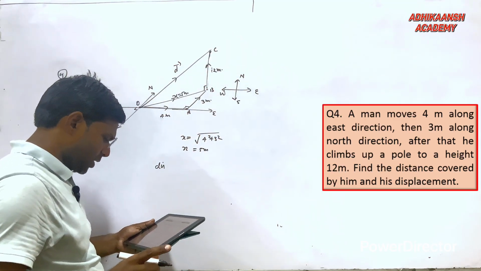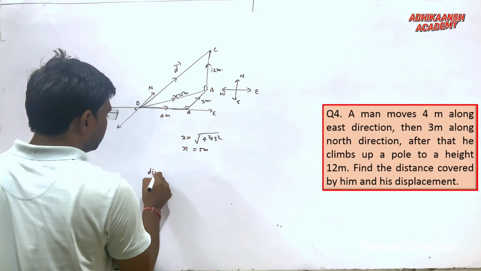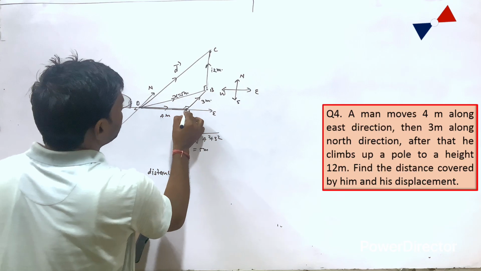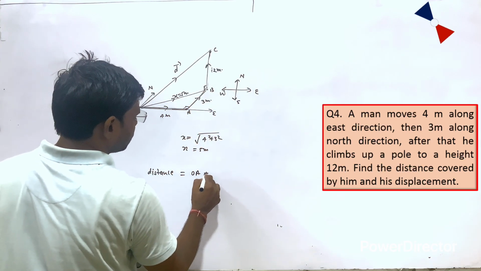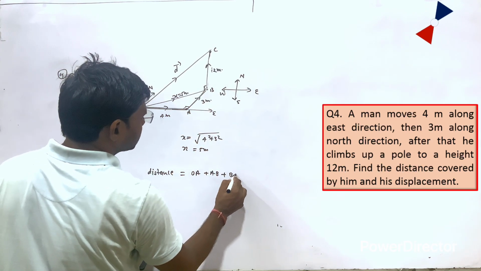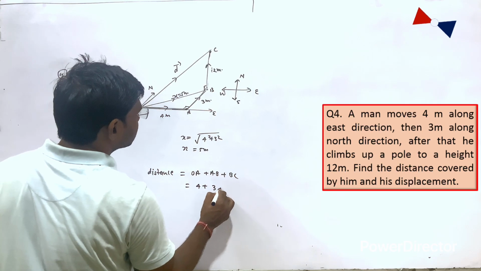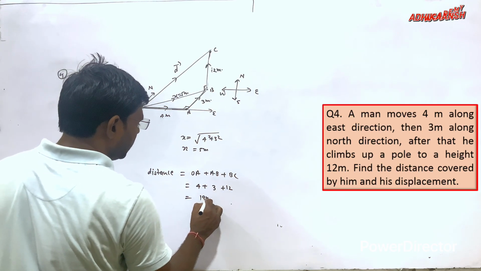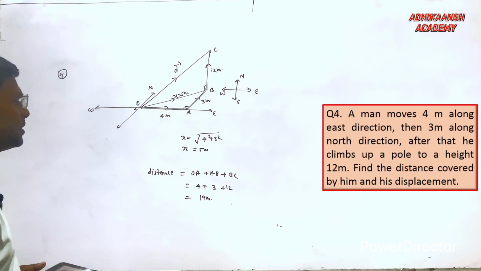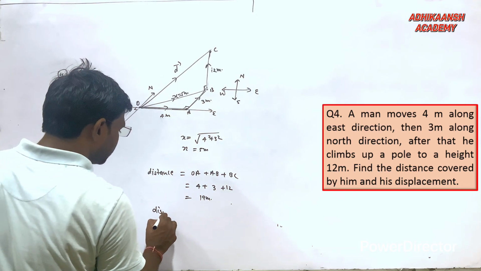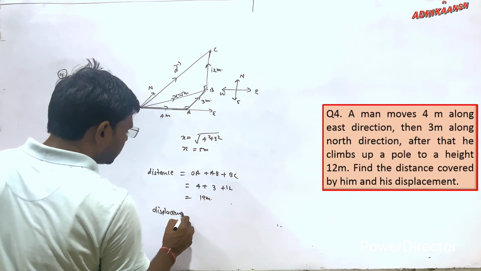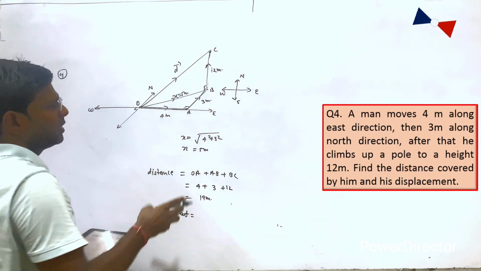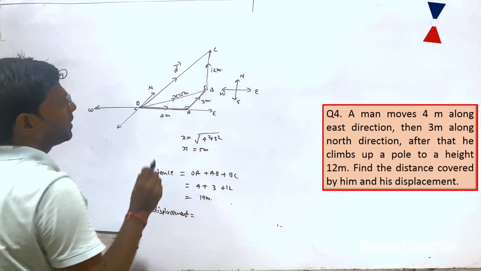All right. So what they are asking first, the distance. What is the distance? The distance is OA plus AB plus BC. The 4 plus 3 plus 12, right? 7, the 19 meter is the distance. And what about the displacement? The displacement is the shortest distance between the initial and the final position, or the line joining initial to the final position.